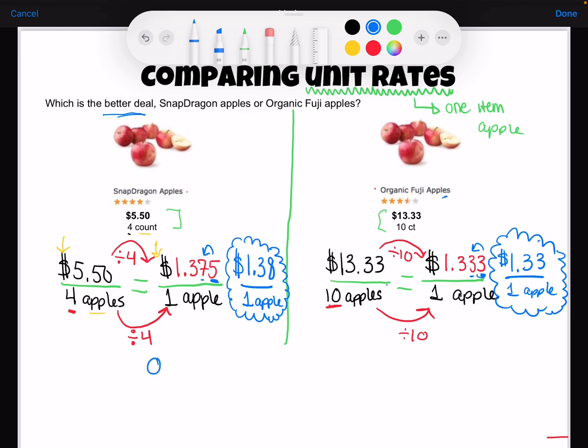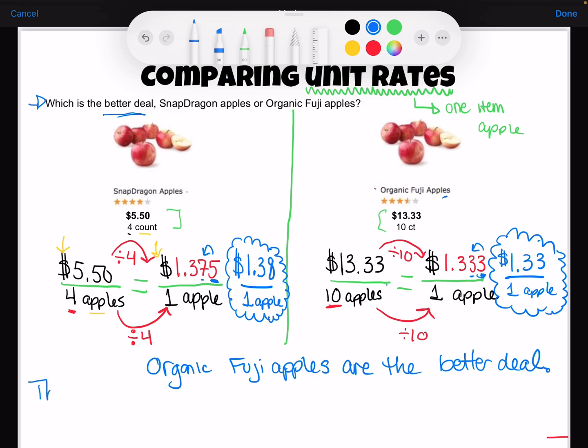So we can say organic Fuji apples, and I'm going to go back to my question, are the better deal. And I'm going to use the information that I just found out. They are $1.33 per apple, or you could say per one apple.